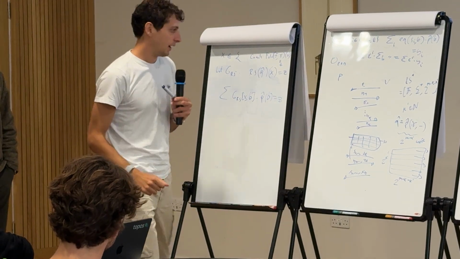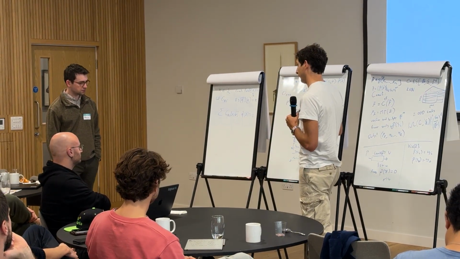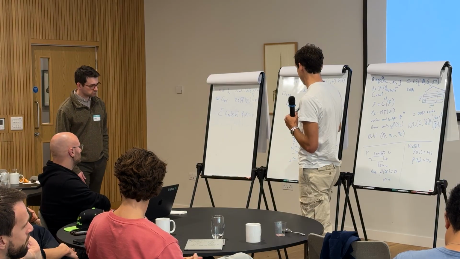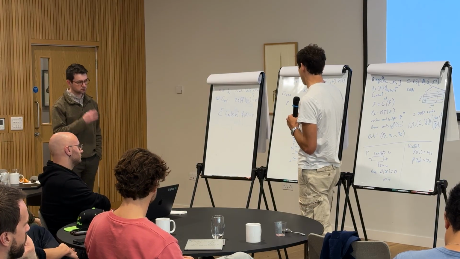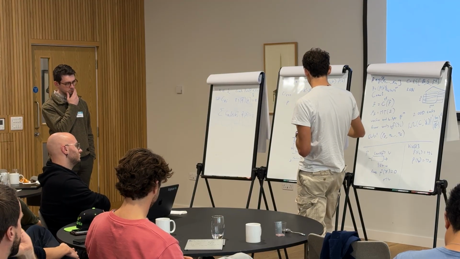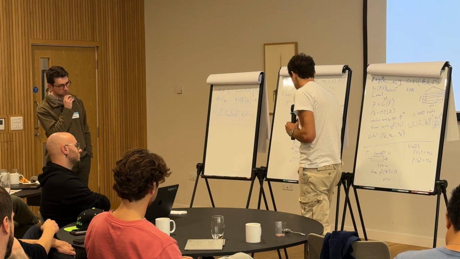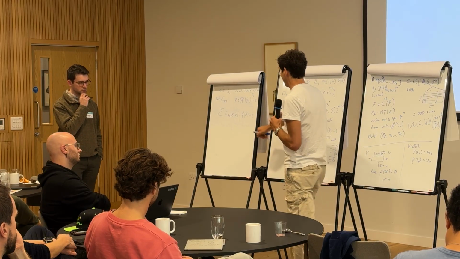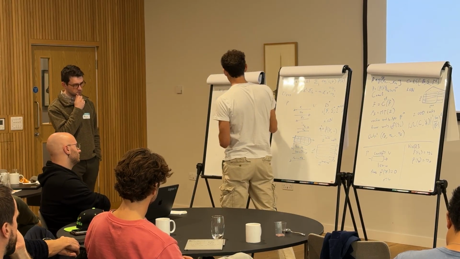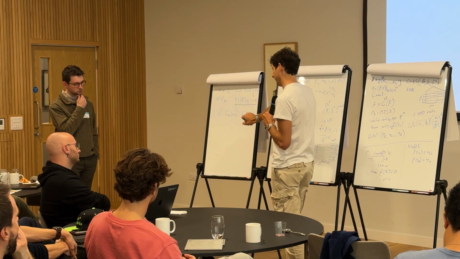Yes, this is what we commit. Q hat is this thing here. If it is equal to the message behind, it will have the same encoding. So what I'm saying is that this condition can be checked as a sum-check claim.